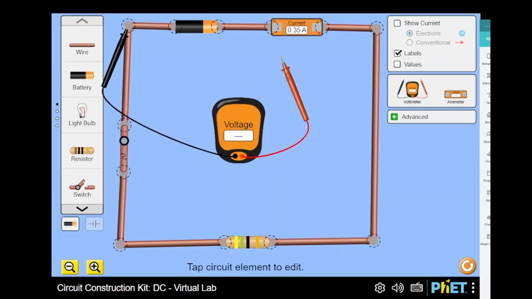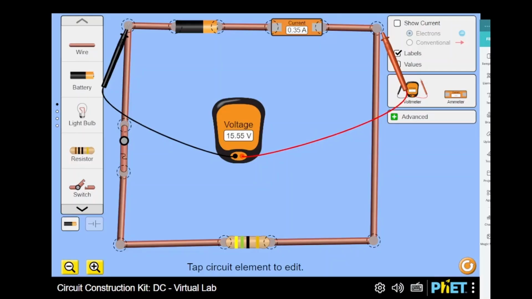So this is our circuit, and I'm not going to show you the EMF. I'm just going to show you that the voltmeter reads 15.55 volts, that is the voltage across the battery. The ammeter reads 0.35 amperes, and we have our external resistor here.